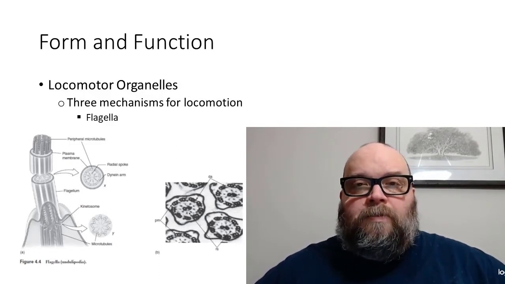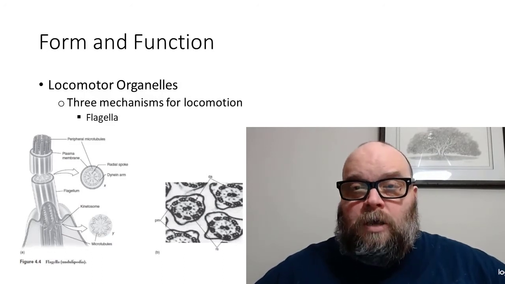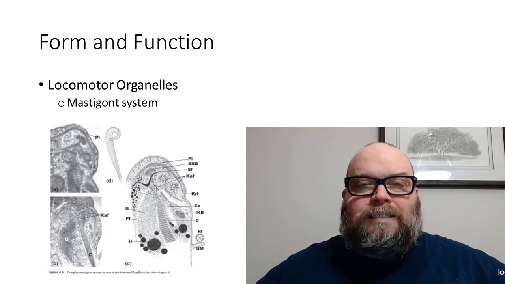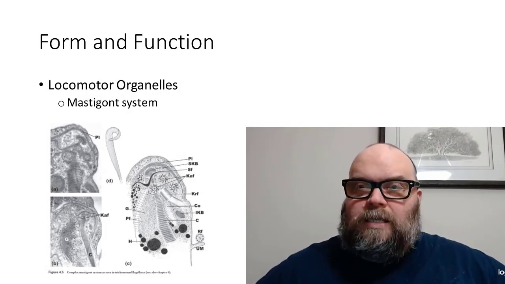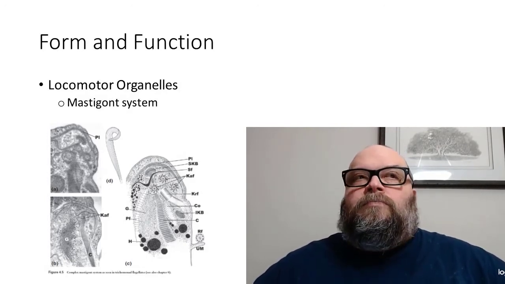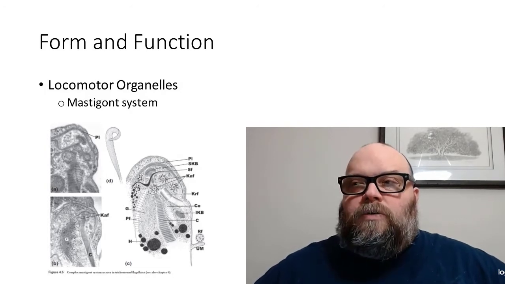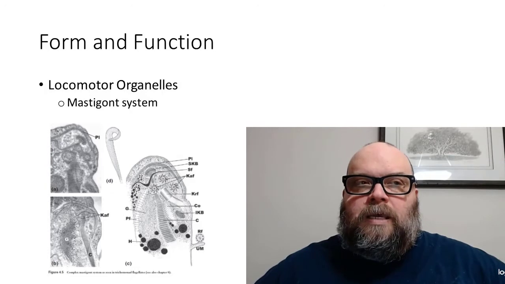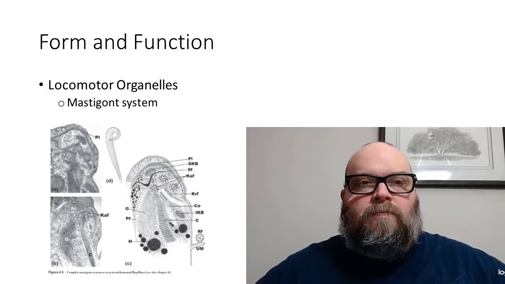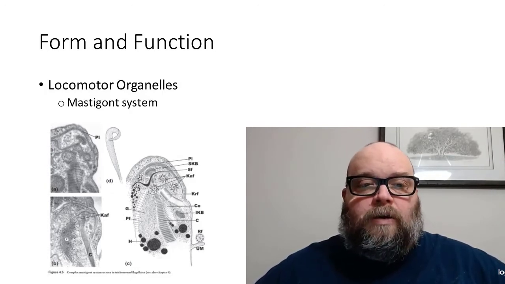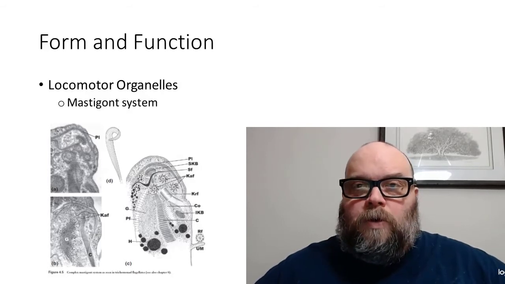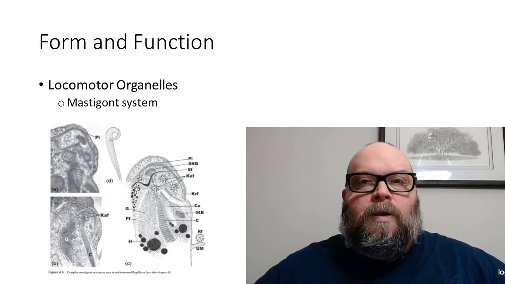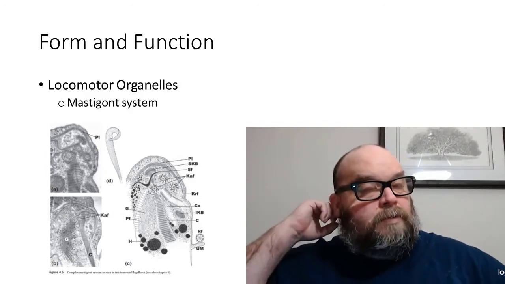You'll see that with the flagella, for some of the genus species we'll be discussing, there's going to be this mastigont system. Its composition is going to vary species to species. It is a complex of organelles that are associated with locomotion, energy production, and numerous other metabolic functions for the cell.